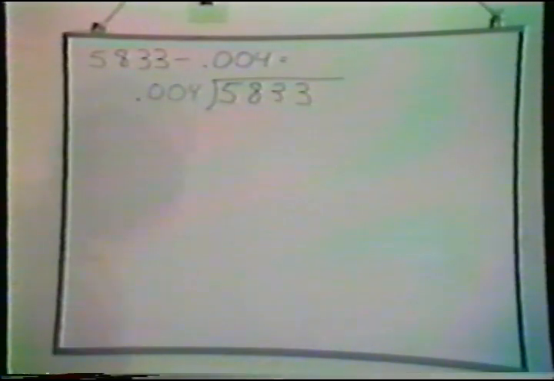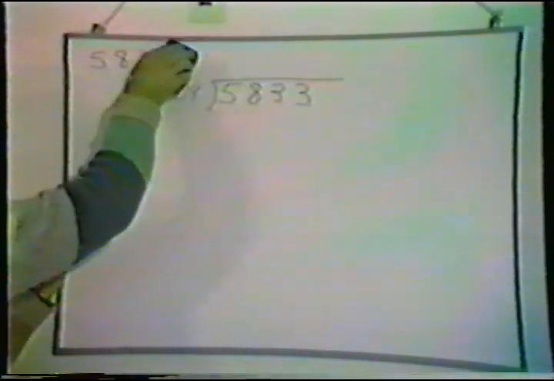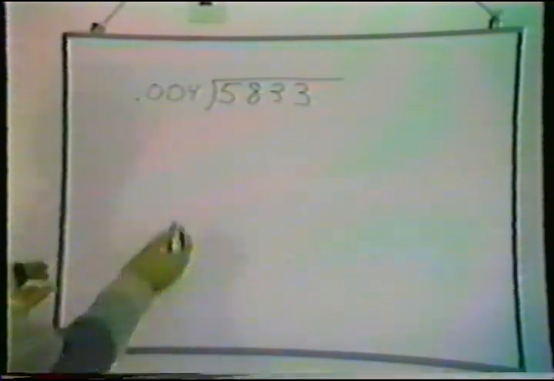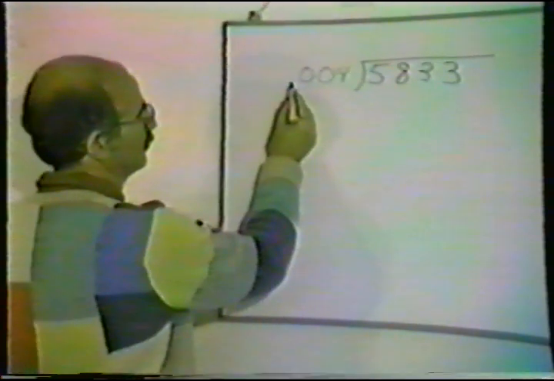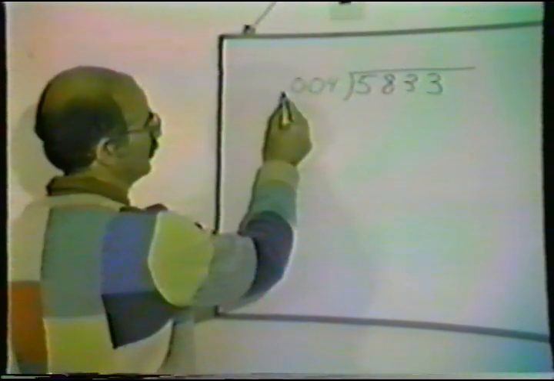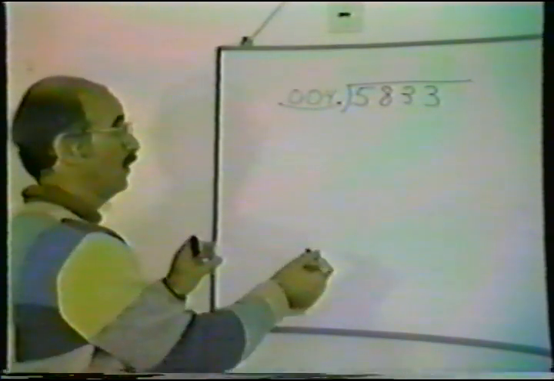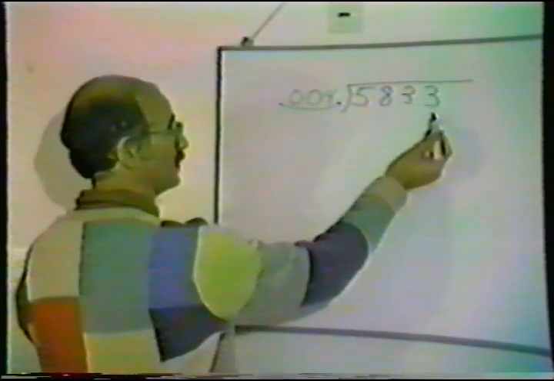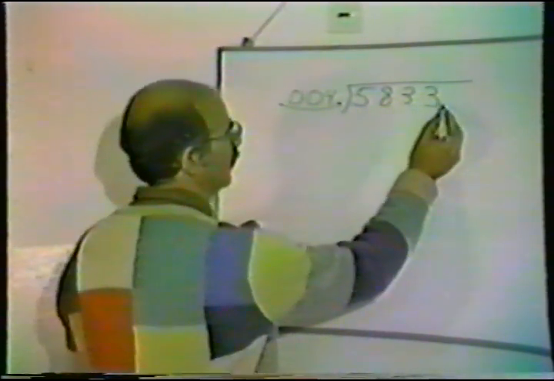And again, I'll erase this just so that I'll have a little more room. What do I do with this decimal point? Move it 3 places to the right. There it is, all the way to the end. Well, where should I put the decimal point in this number that doesn't have one? At the end on the right.